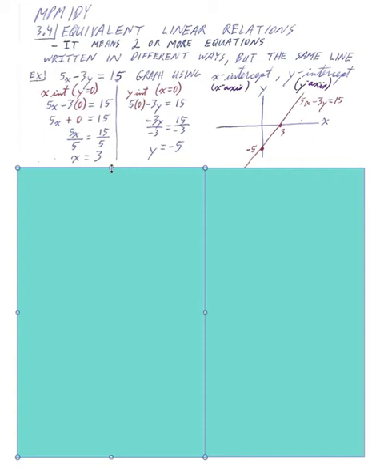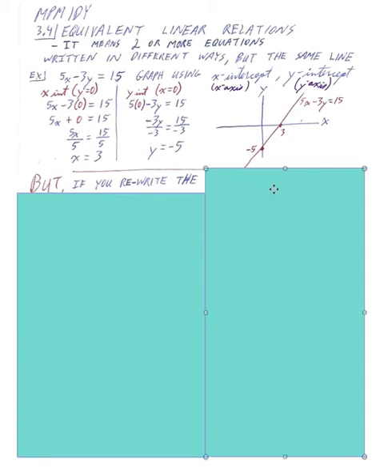Okay? Now, just to show you that this is one look, the other day, in 3.3, we did y equals mx plus b. So let me just get this. Okay, we use the form y equals mx plus b.